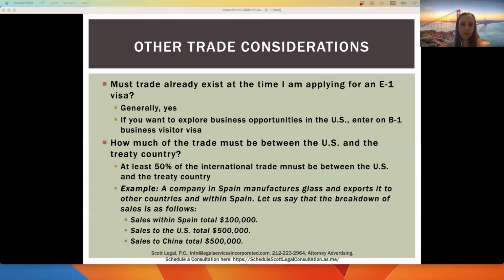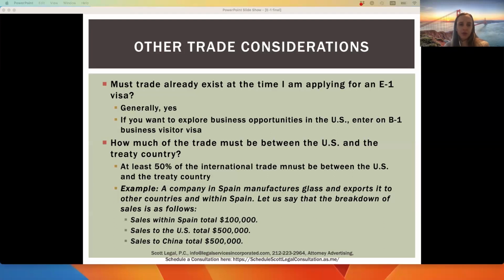Okay, so let's go over some other trade considerations. One question we often get from potential clients is: must the trade already exist at the time I'm applying for an E-1 visa, or can I just come to the US and start a company and start trading with clients after I get the E-1 visa?